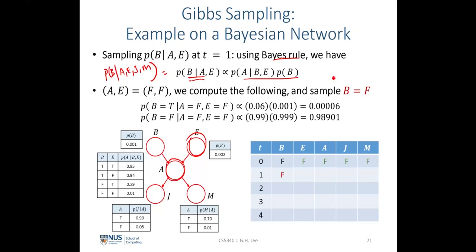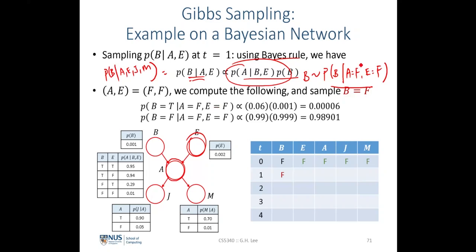So what this means is that A and E here are both initialized to false. What we are interested in is to compute the probability of B conditioned upon A equals false as well as E equals false over here. And what we want to do is draw a sample of B from this particular probability distribution, which we can further evaluate using the Bayes rule.